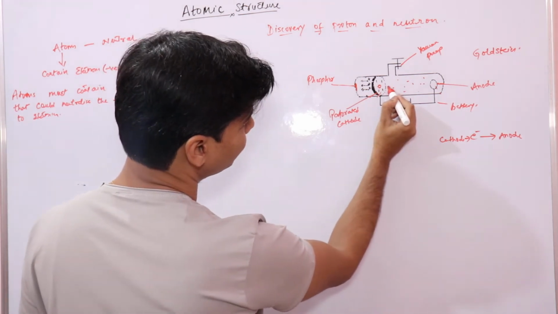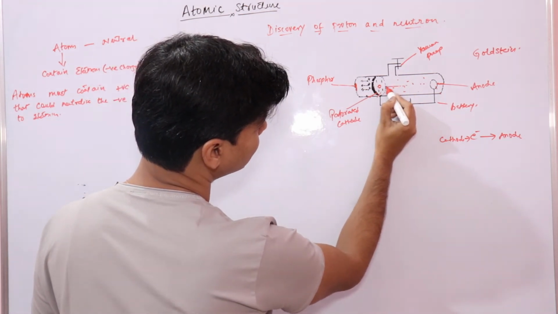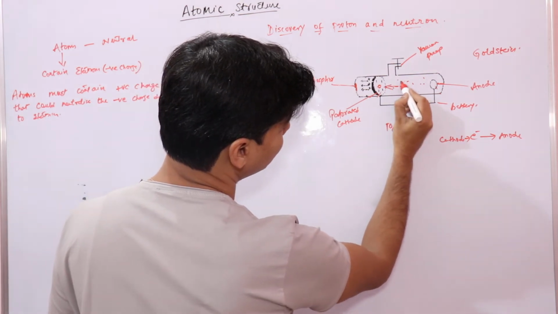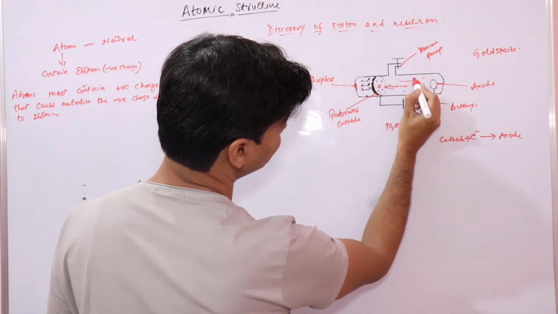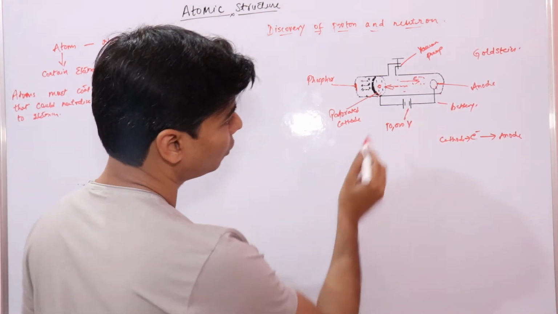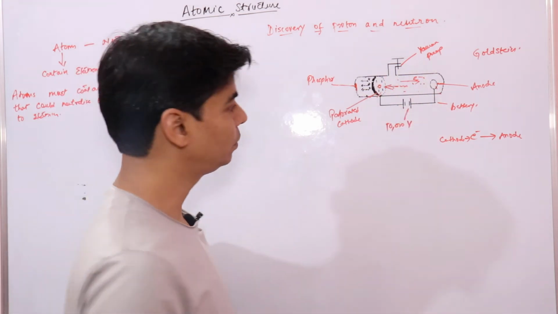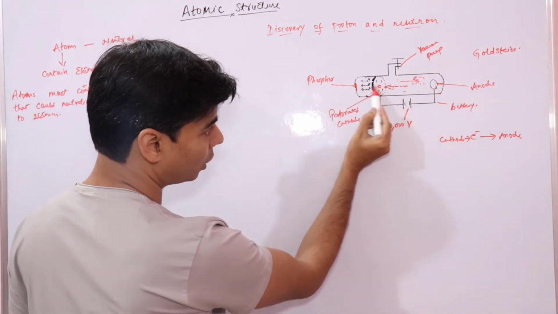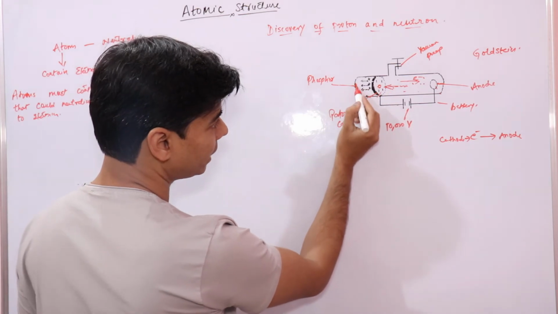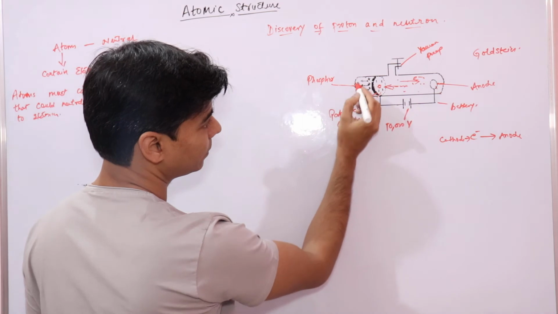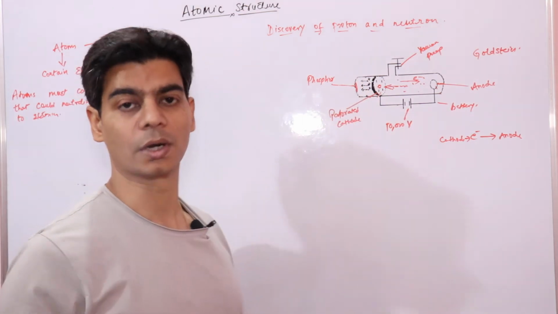In this direction this ray is moving, and cathode rays, which are negatively charged, are moving in this direction. So on passing electric current, some kind of rays are produced in this discharge tube that move through this hole in the cathode and strike this end of the tube, right here where phosphor is coated.